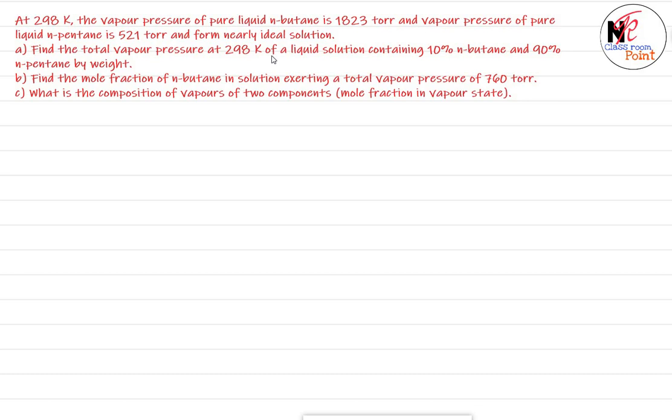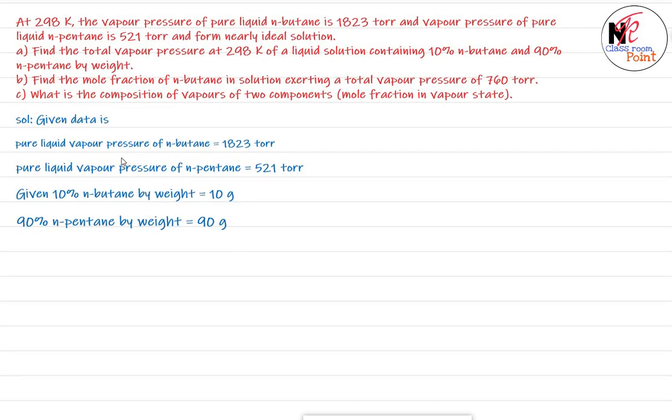So initially I shall write the given data. The pure liquid vapor pressure of N-butane is given as per the question as 1823 torr. The pure liquid vapor pressure of N-pentane is 521 torr. In the solution they gave percentages: 10% of N-butane and 90% of N-pentane by weight.